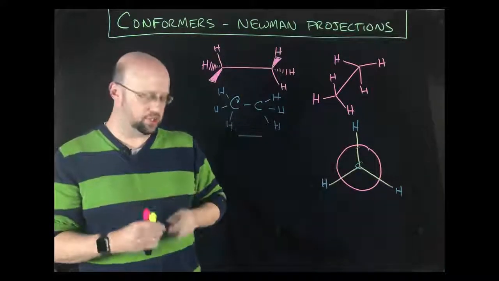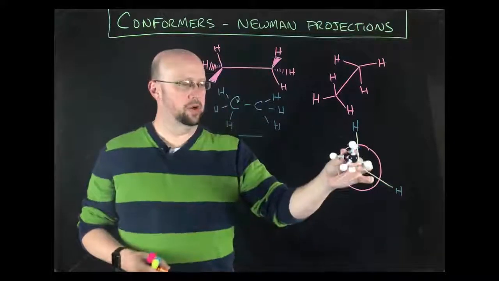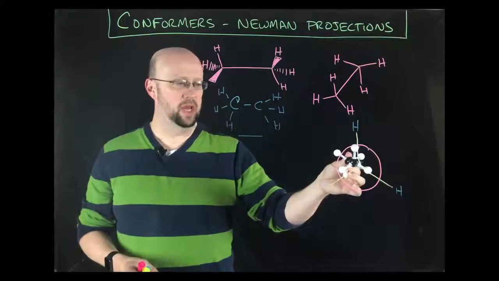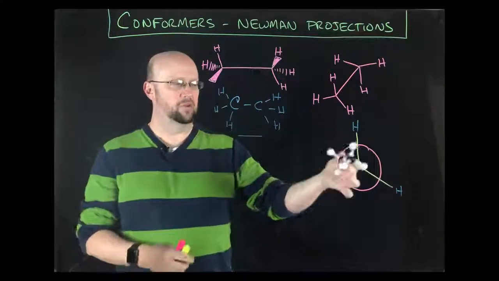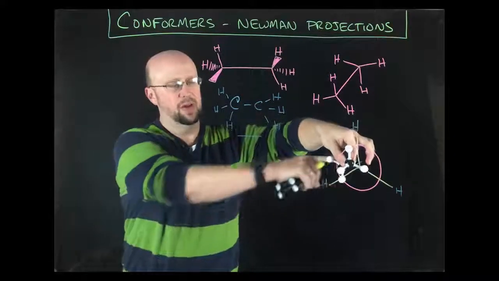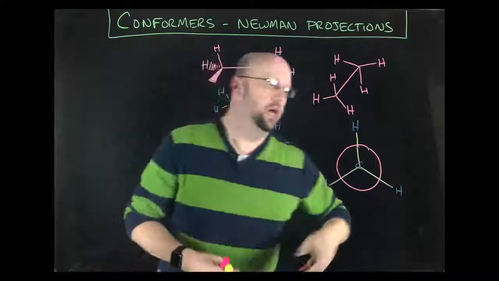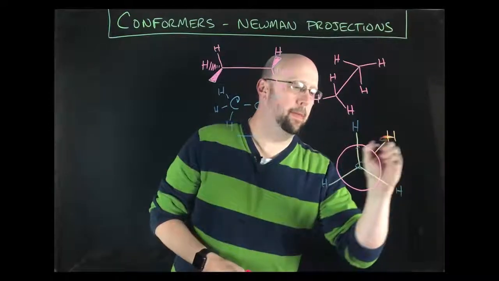Remember that I said that the circle is the back carbon. And so again, if we look at our model here, remember what we're seeing in the back carbon. Okay, so that's the front carbon. Everybody can see that. The back carbon, of course, what it looks like is that we've got a hydrogen coming down and then one's coming up sort of in between the other ones. And so we're going to draw that like this.